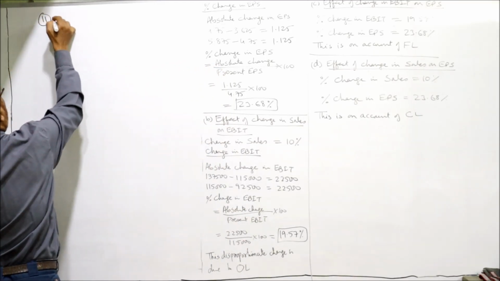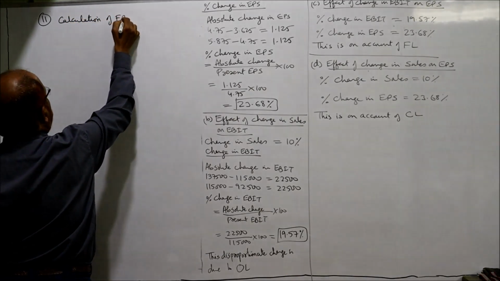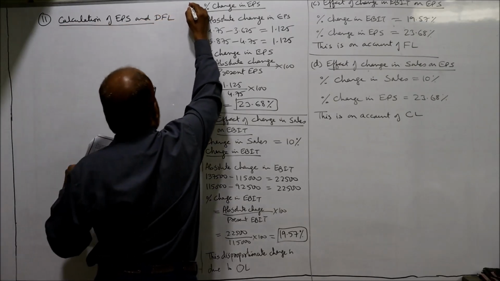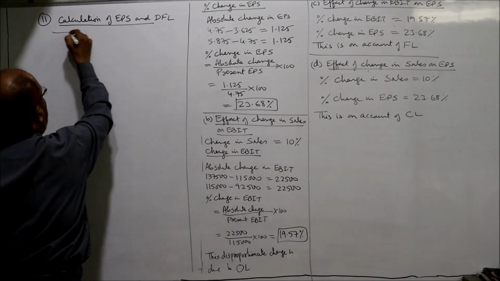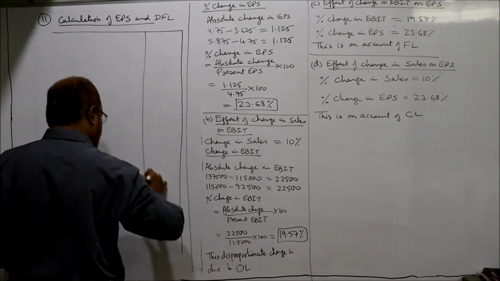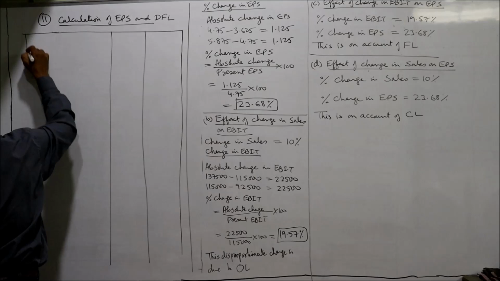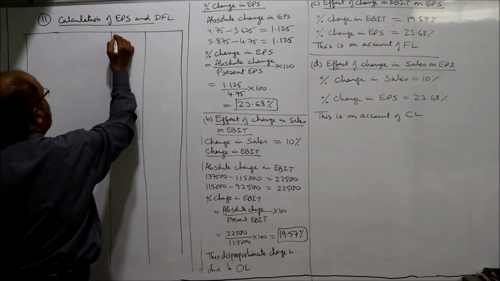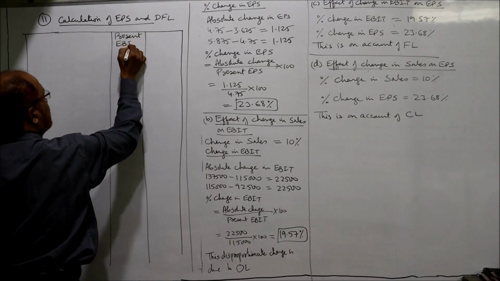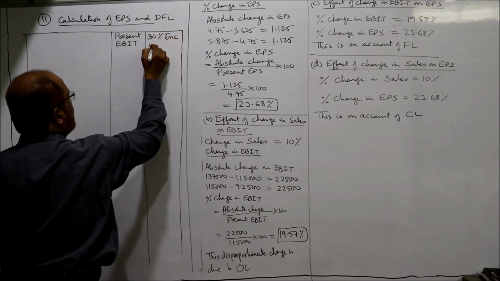This is problem number 11. Present EBIT, 30% increase in EBIT.